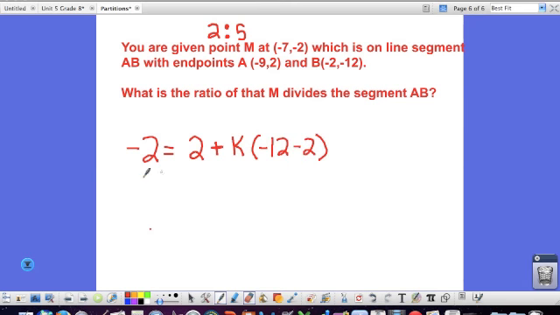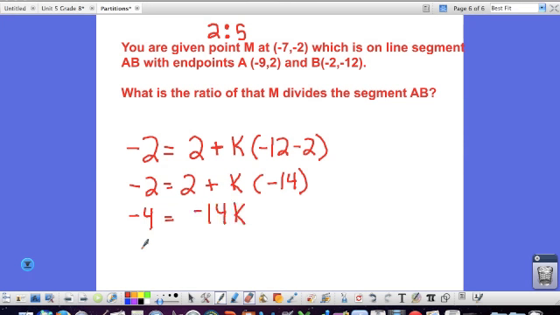So -2 equals 2 plus k times -14. When I subtract 2, I get -4 equals -14k. When I divide by 14, the negatives cancel out. And when I put the fraction in simplest form, I get 2/7. So once again, that breaks it into a ratio of 2 to 5.